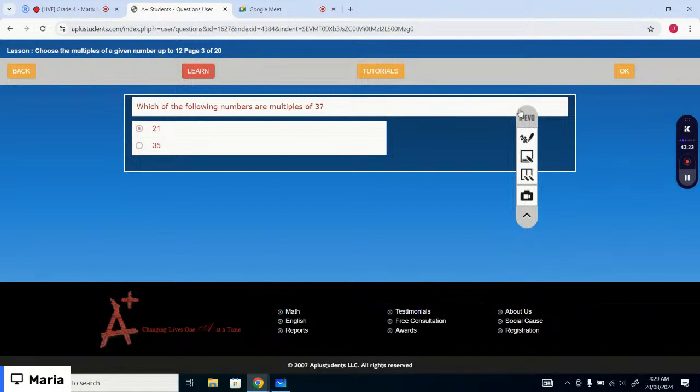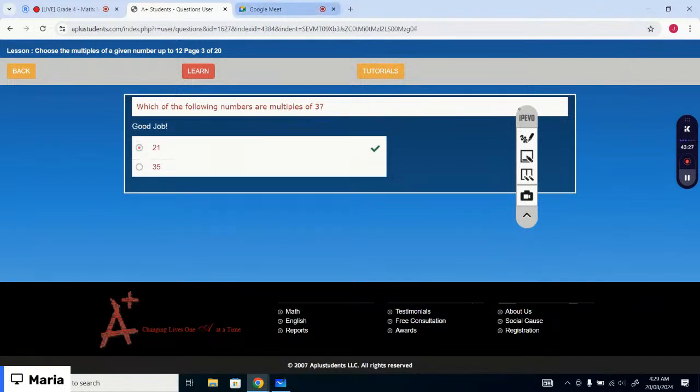Twenty-one. The correct option is option number 1, that is 21. 3 times 7 makes 21. So option number 1 is the correct option.